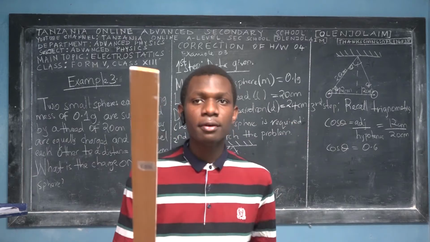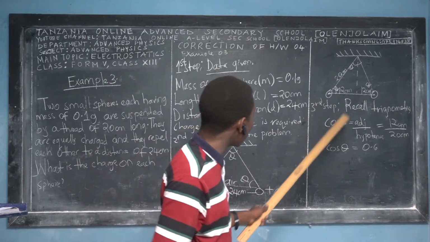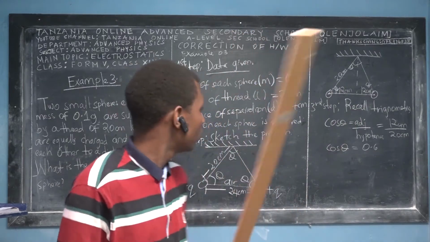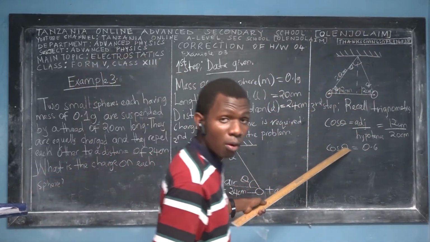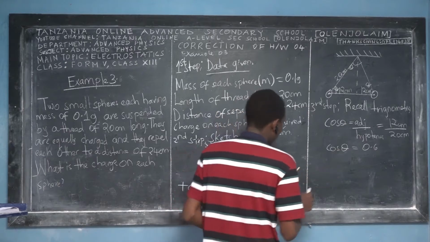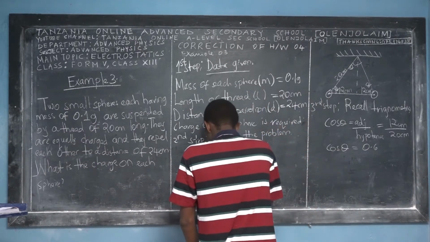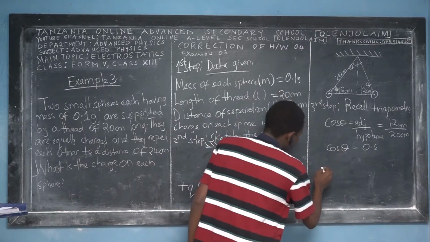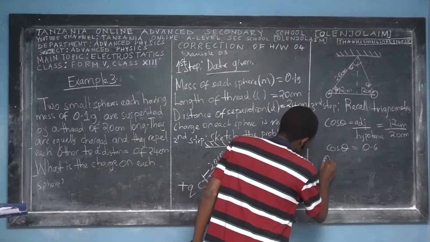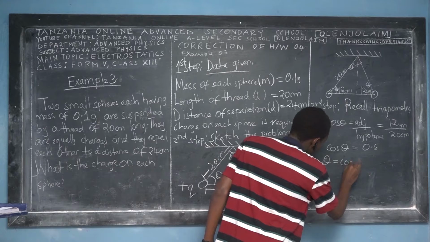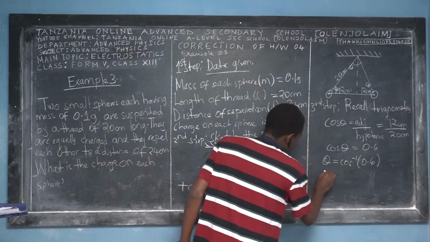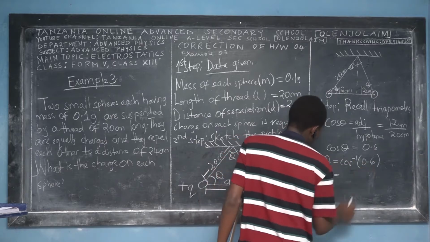As I said before, the purpose of applying the trigonometric ratio is to get the value of theta. So I have to find the inverse of this cosine of theta so as I may get the angle. Theta is then equal to cos inverse of 0.6.